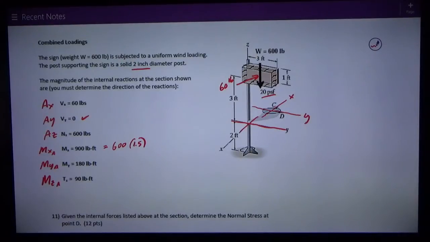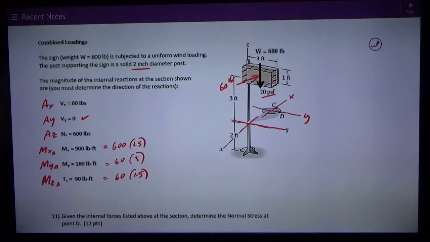And that's caused by the wind load, 60 pounds times 3 feet. And then we have a torsion caused by the 60 pounds, the wind load, and it's 1.5 feet away from the z-axis, so that's 60 pounds times 1.5. So that's how we got those.